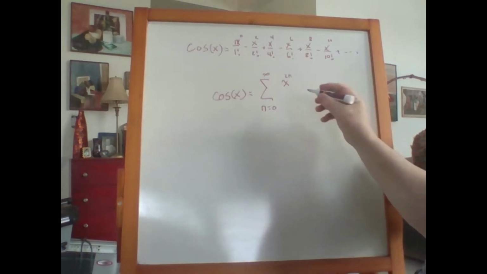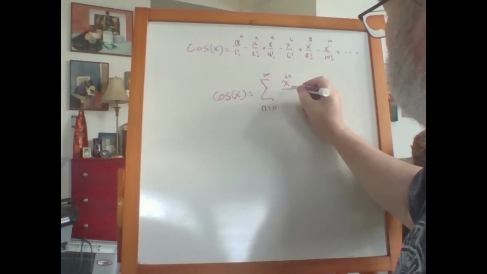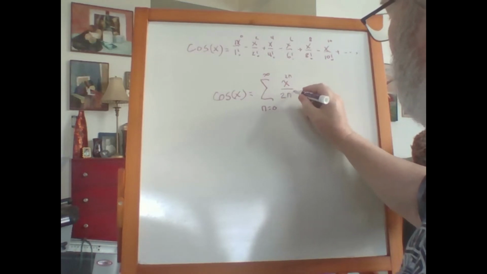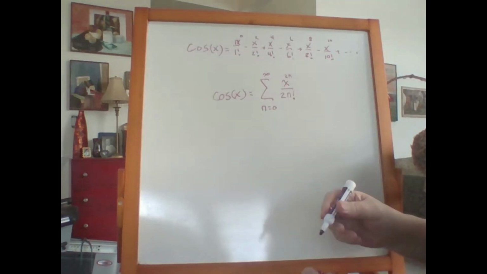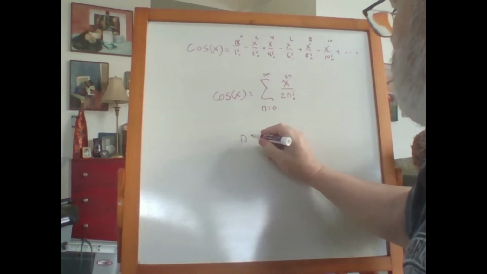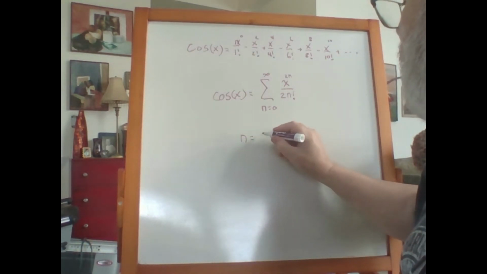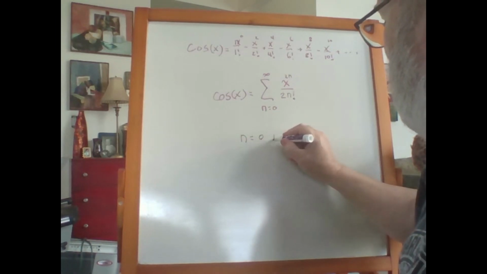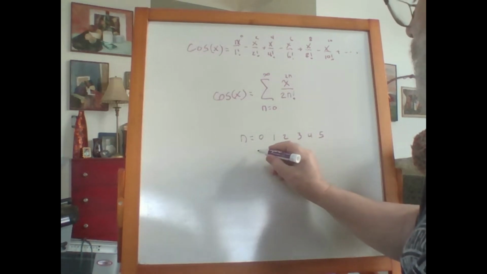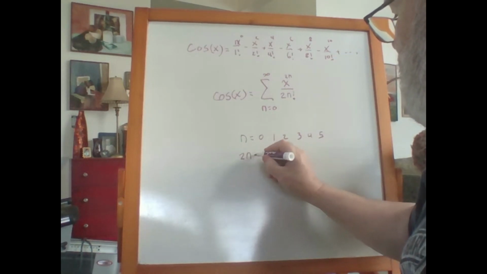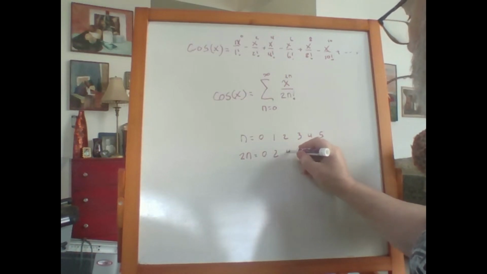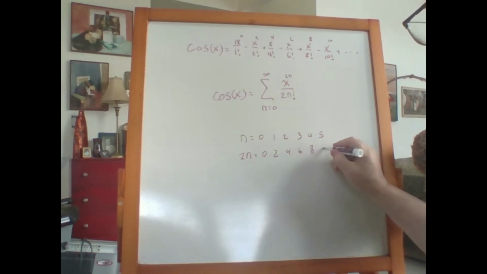Now, the bottom, we can do the same thing. We can say that this is 2n factorial. So if n is equal to 0, 1, 2, 3, 4, 5, we have 2n equals 0, 2, 4, 6, 8, 10.